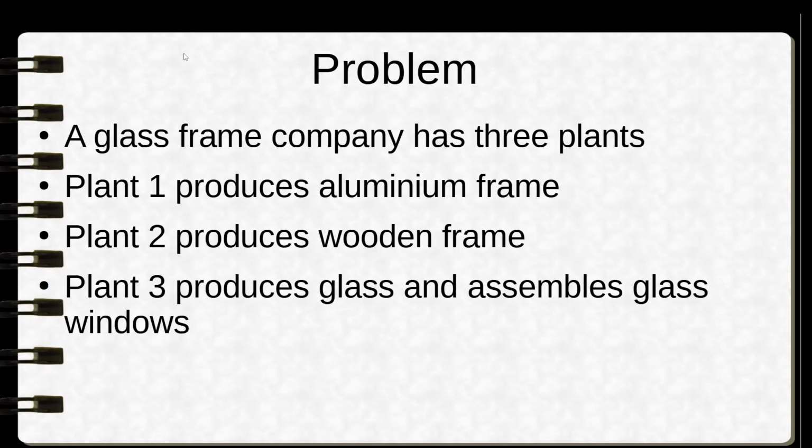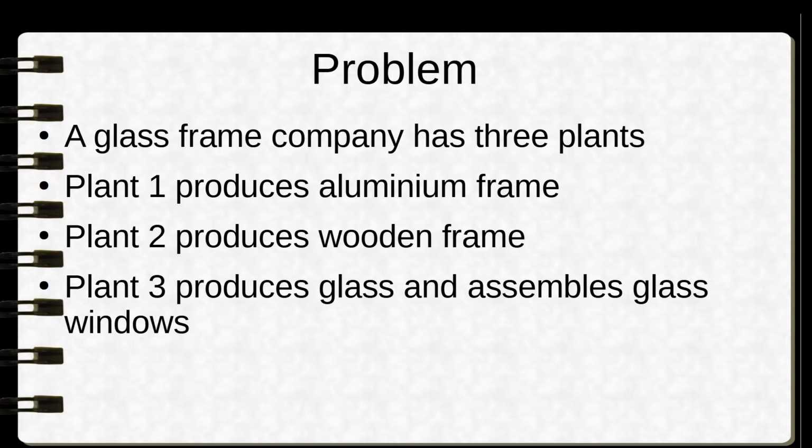Now here is the problem for the simplex method on the screen. Management has taken over a glass frame company. The glass frame company has three plants. Plant number 1 produces aluminum frames, plant number 2 produces wooden frames, and plant number 3 produces glass.